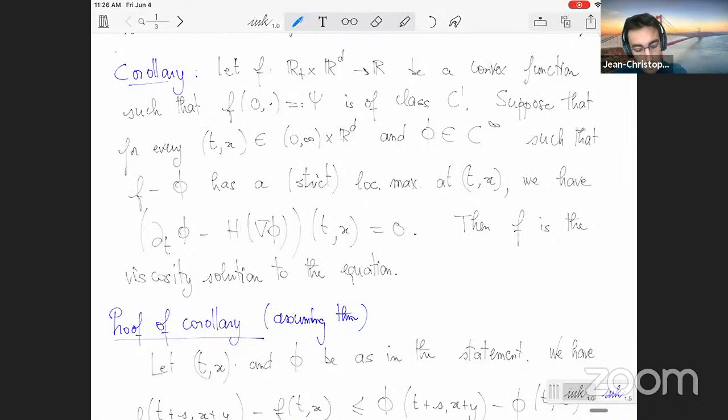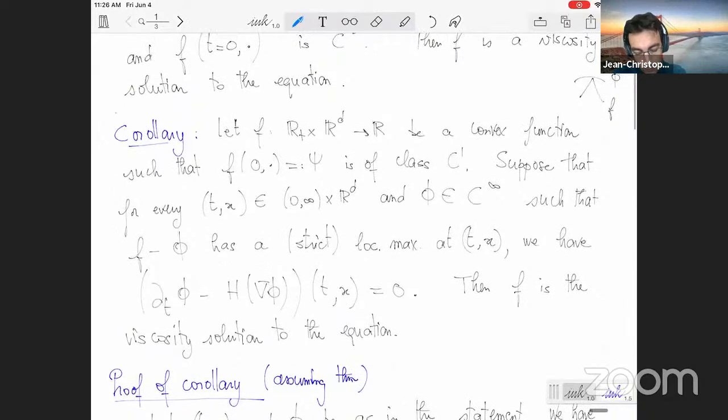So that's interesting. But what we want in order to apply the theorem is to say that there is a dense set of points at which f satisfies the equation. So now what we need to argue is that this set of contact points is dense on the set where things are defined.